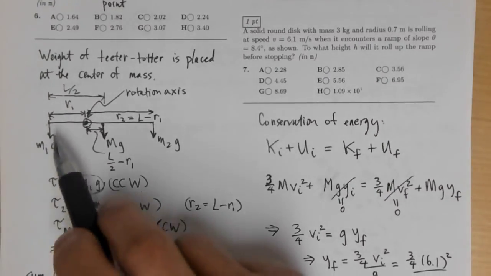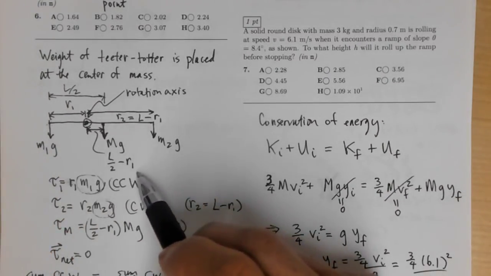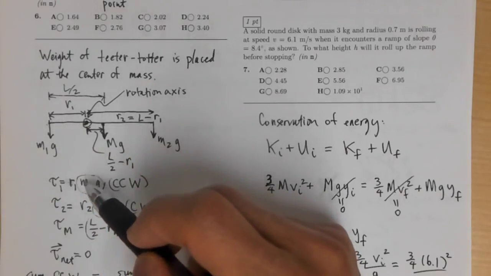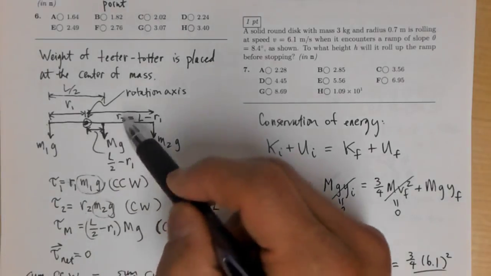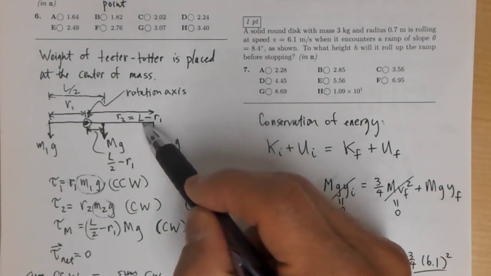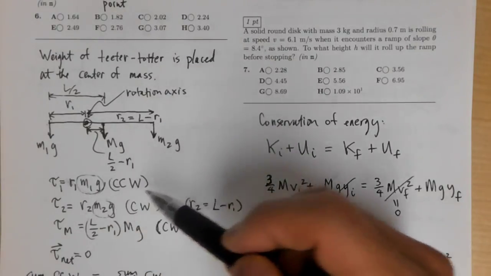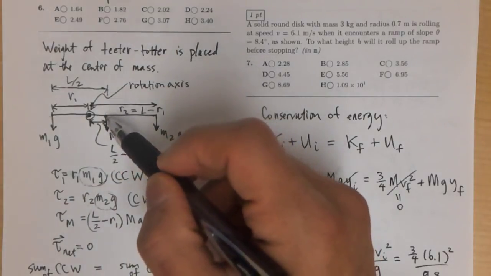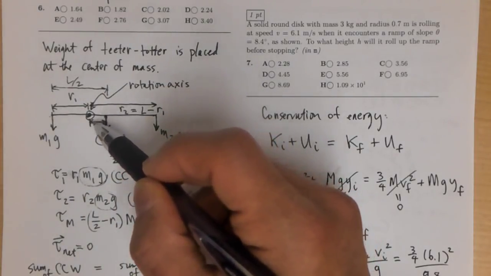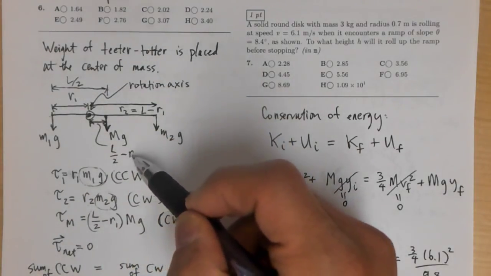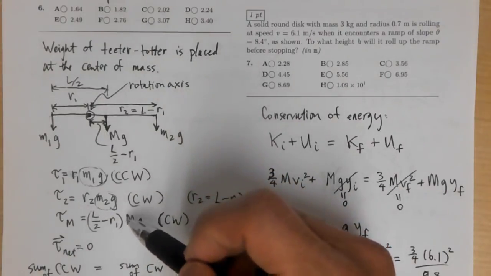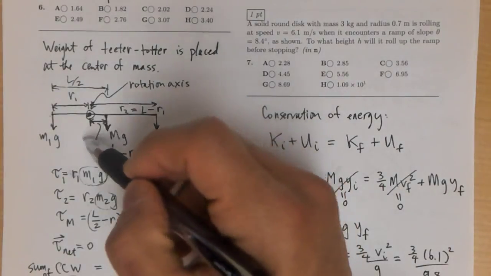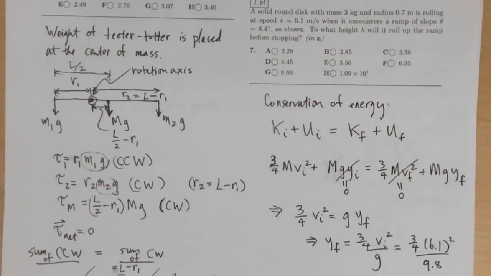So now I can get the torque tau 1, which is going to be counterclockwise, lever arm distance times the force, and then I can get tau 2, lever arm distance times the force. Okay, this is going to be clockwise, and then I have the torque due to this mass. It's going to be the lever arm distance, L over 2 minus R1, times the force, which is capital M times G. This will be clockwise, trying to go like this.